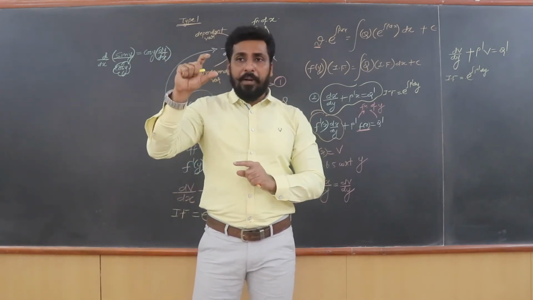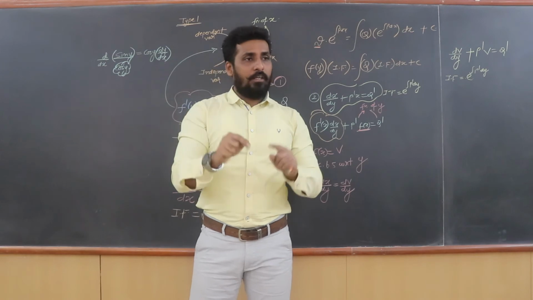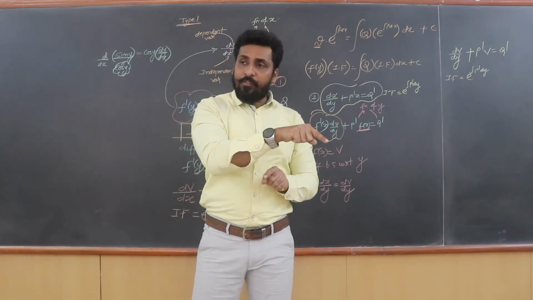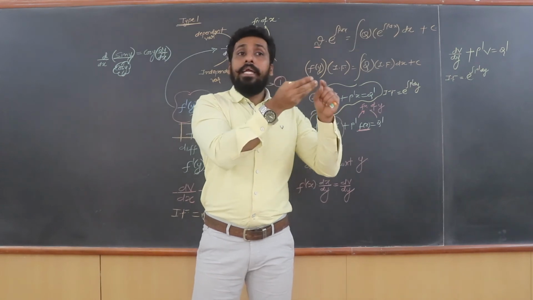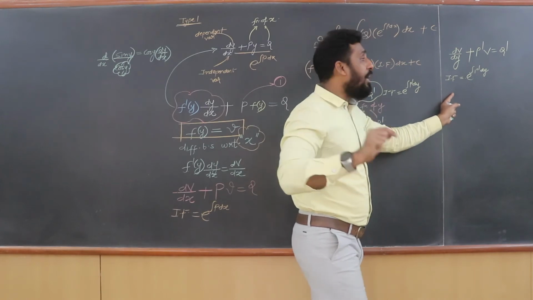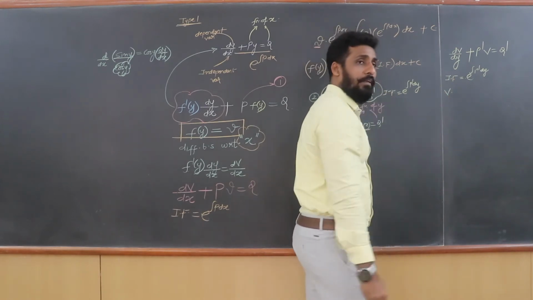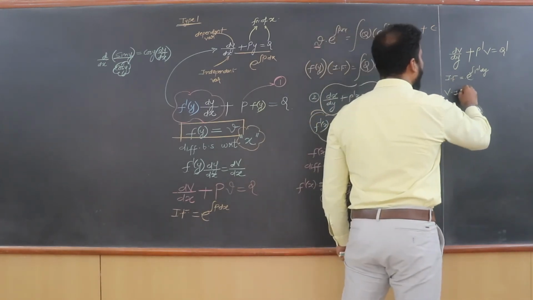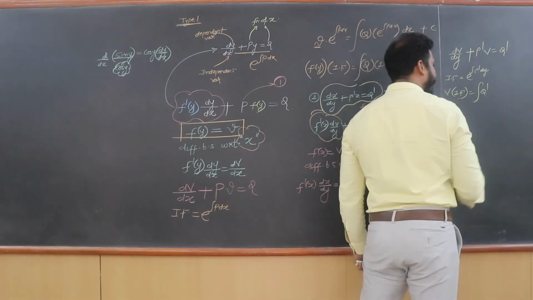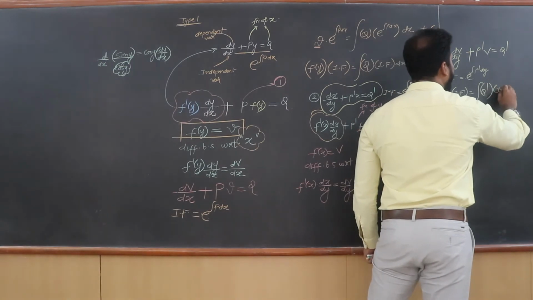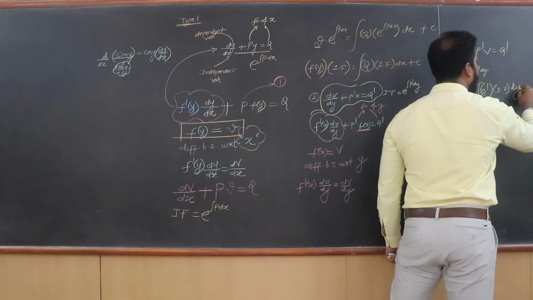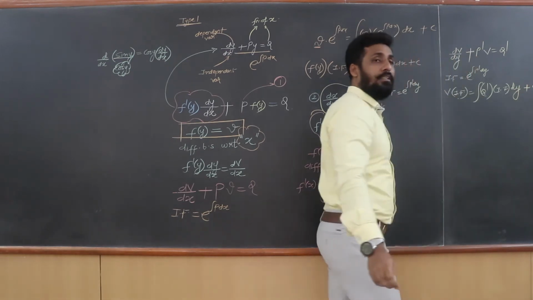It was the dependent variable into the integrating factor is equal to integration of the right hand side into the integrating factor and d of the independent variable. Who is the dependent variable now? It is v into the integrating factor is equal to integration of the right hand side, which is q dash, into the integrating factor d of the independent variable, which is dy, and I will write plus c.